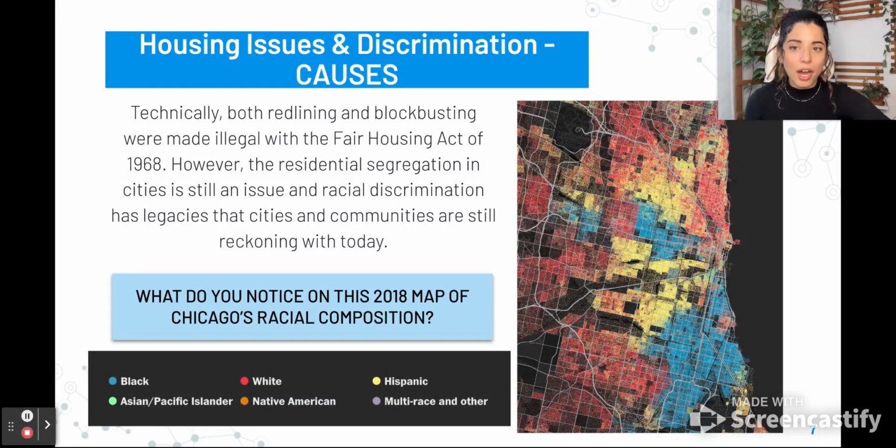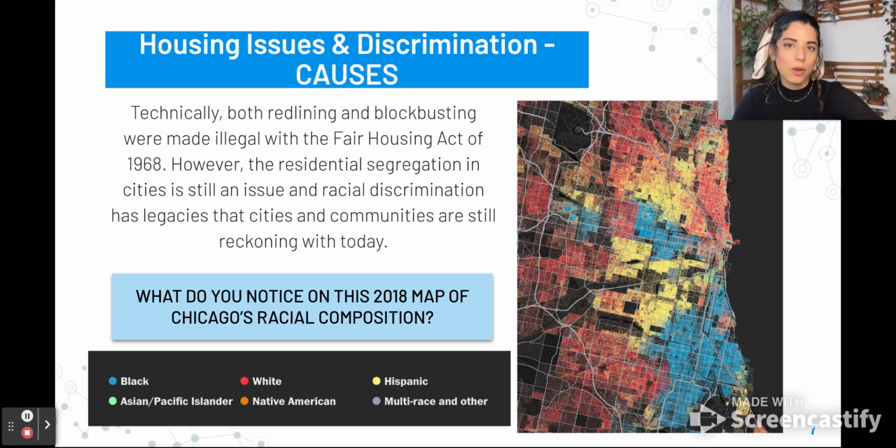Another cause, or kind of going a little bit more into that, if we take a look at this map here, we can see how redlining and blockbusting changes that geographic, spatial pattern of where people live. So even though these practices were made illegal in the 60s, it still continued to happen in certain ways.